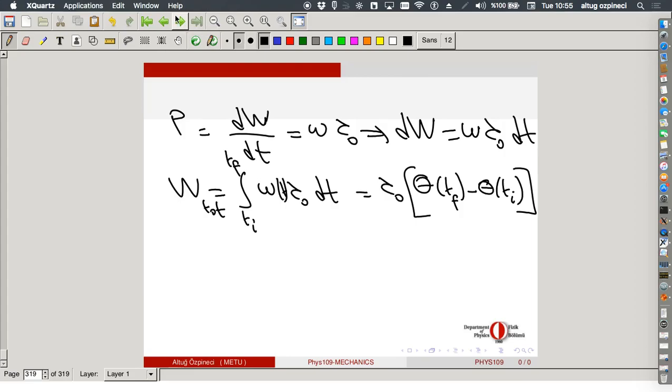Okay, so now we will be starting translations. So we will be basically dealing with objects that are both rotating around some axis, plus it is being translated.